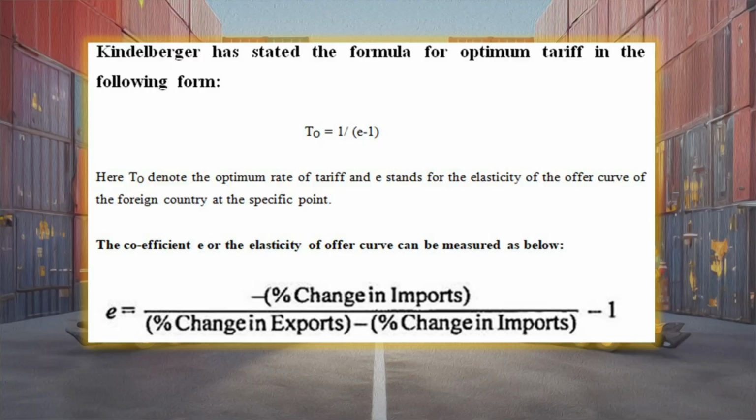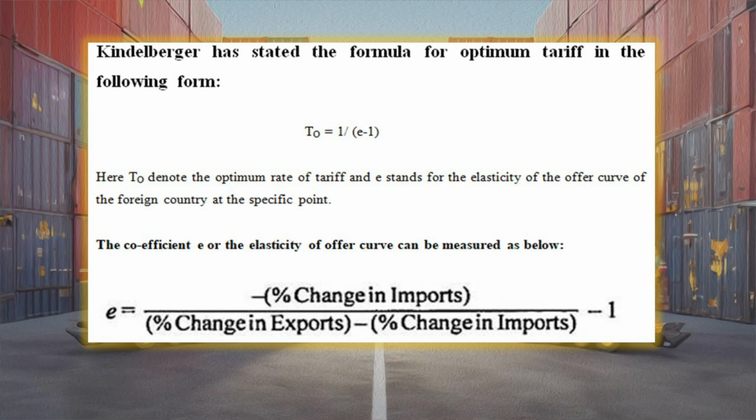As suggested by Kindleberger, he stated the formula for optimum tariff in the following form. T0, the optimum rate of tariff, is equal to 1 by E minus 1. Here T0 denotes the optimum rate of tariff, and E stands for the elasticity of the offer curve.